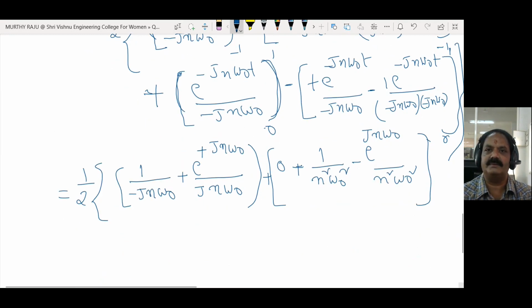Next, coming to this one, plus e^(-jnω₀t) by (-jnω₀). For t is 1, e^(-jnω₀). Here the minus sign is there.